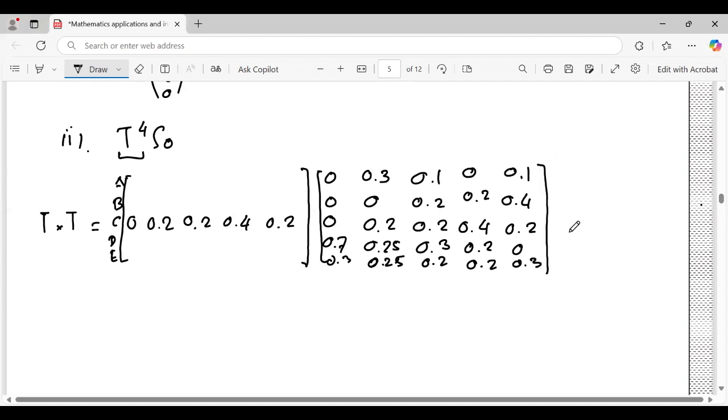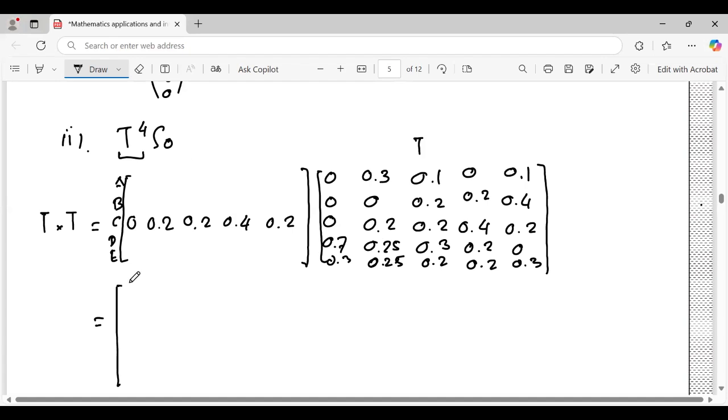Okay, and next, calculate the third row, the C row, with this matrix T and this matrix T as well.